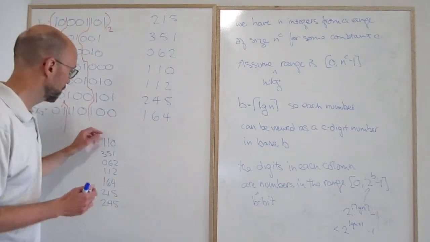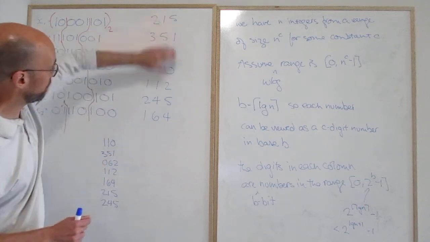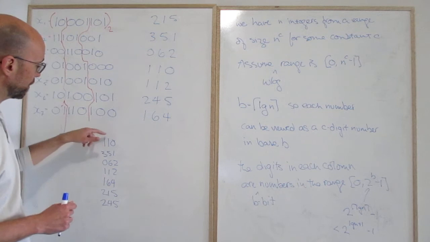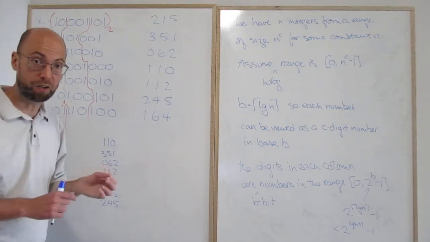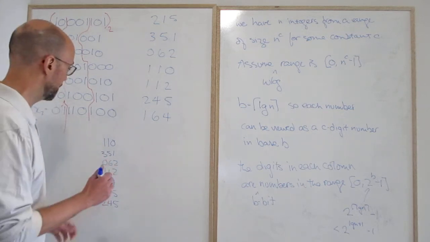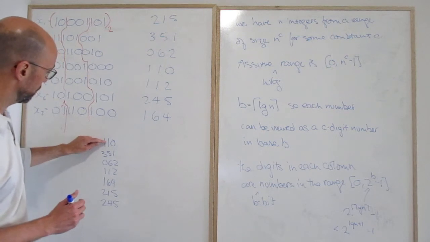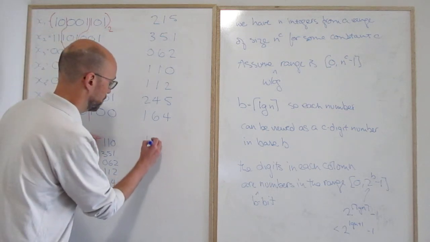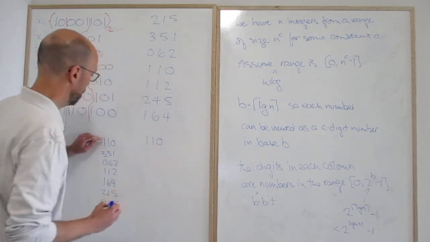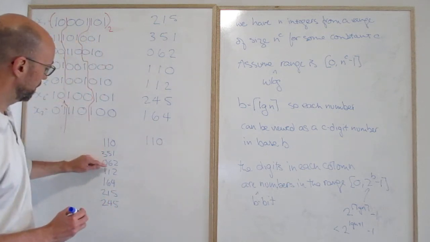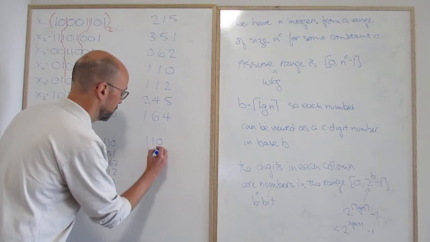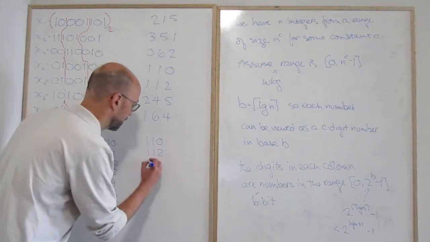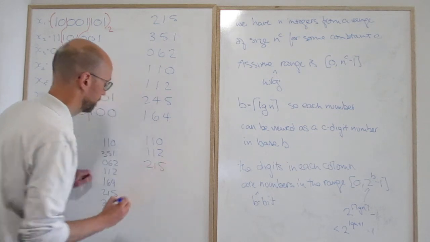But okay, so now we took the last column, the least significant column, and we radix sorted on that. Now we're going to take the second column and we're going to radix sort on that. So there are no zeros, there are three 1s, and we're going to stably sort, so it's going to be 1, 1, 0, 1, 1, 2, and then 2, 1, 5.